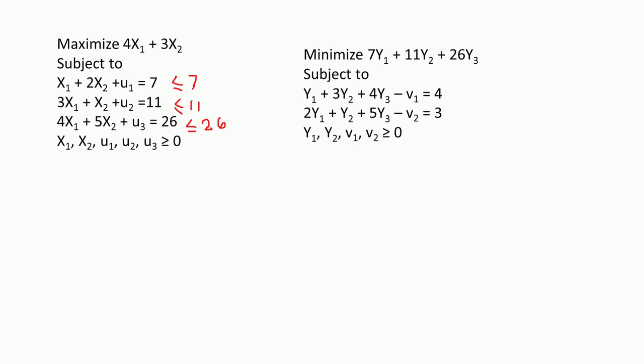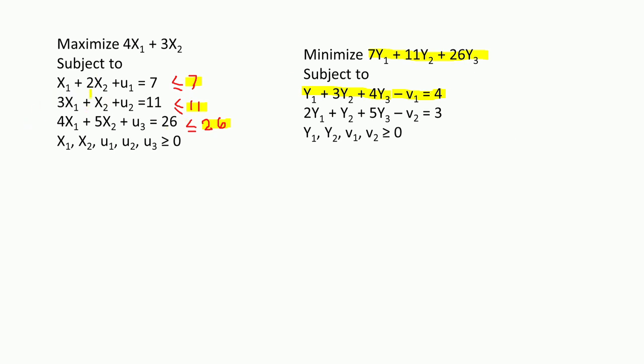When we write it with y1, y2, y3, the dual will be to minimize 7y1 plus 11y2 plus 26y3, subject to y1 plus 3y2 plus 4y3 greater than or equal to 4, and with the addition of a negative slack it becomes y1 plus 3y2 plus 4y3 minus v1 equal to 4.